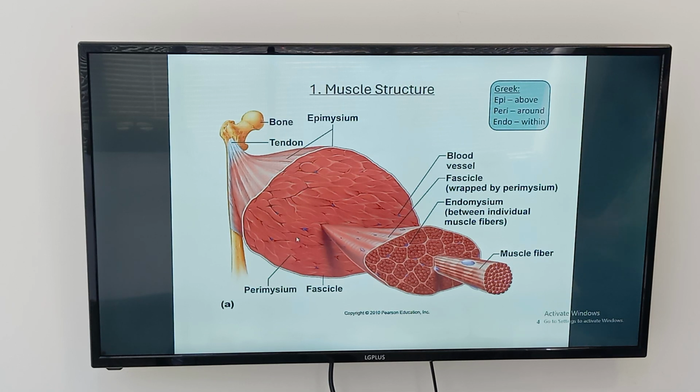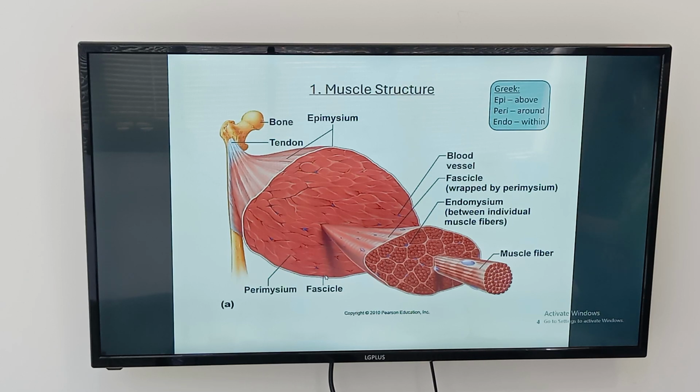This entire space, these parts, are called perimysium, which means around. Each part, these red eye-shaped objects, as you can see here, is called a fascicle.